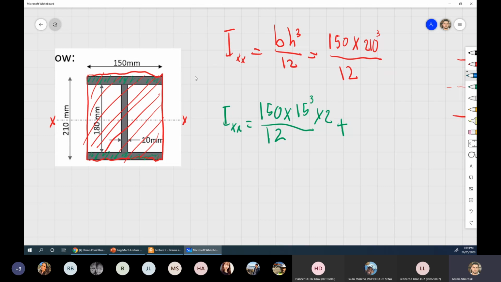I'll draw the centroids for what Paolo suggested: that's the first centroid, the second centroid here, and the third one. These 2 shapes don't have their centroid on the neutral axis. I'm taking the moment of inertia for this shape around an axis here, so that won't be Ixx anymore. Let's call it X1 and X2 here.